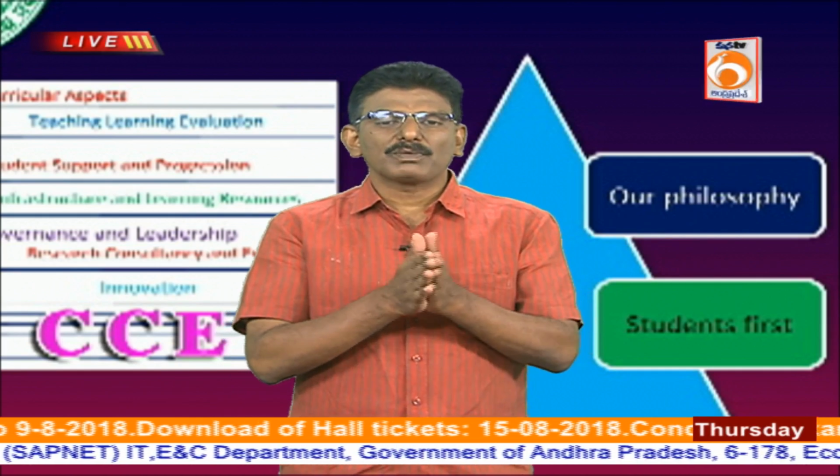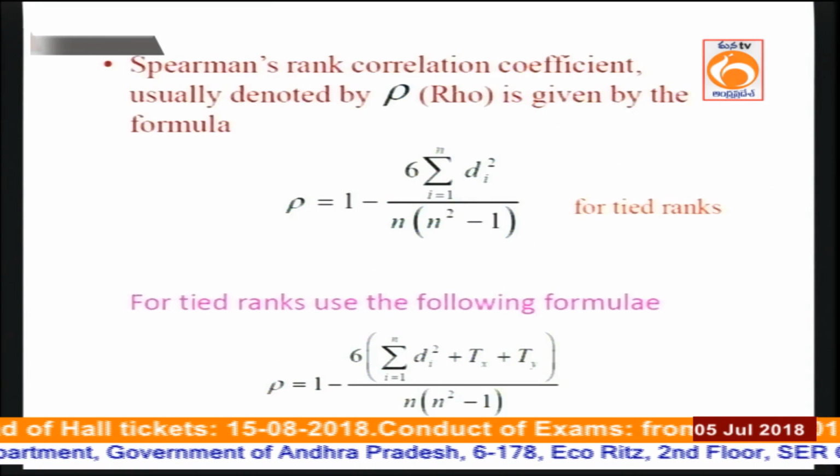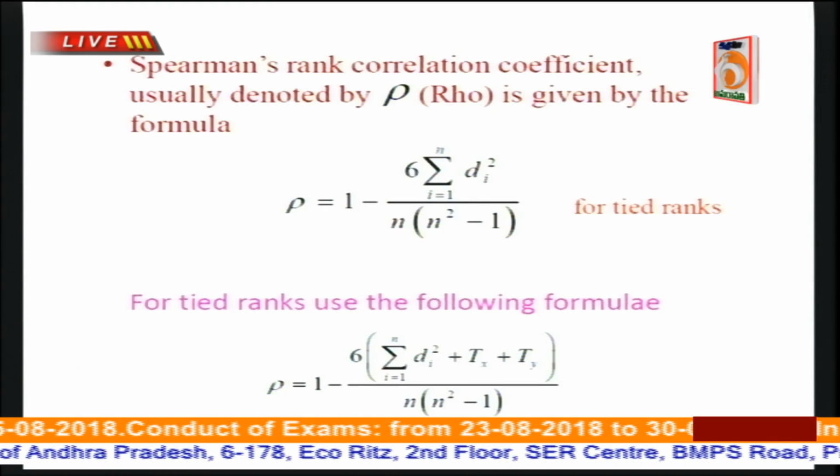Spearman's rank correlation coefficient is usually denoted by rho, a Greek letter.